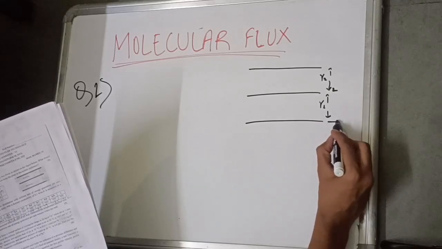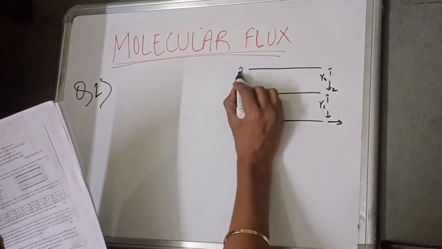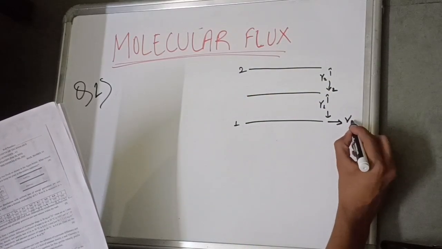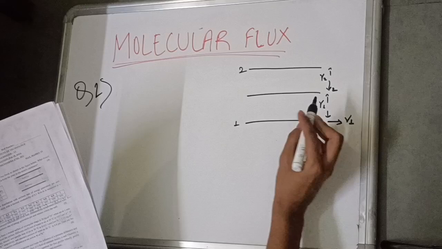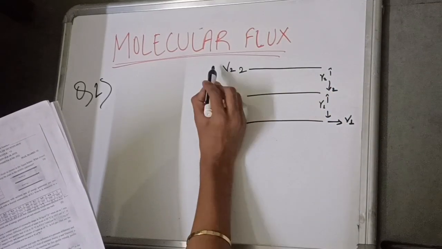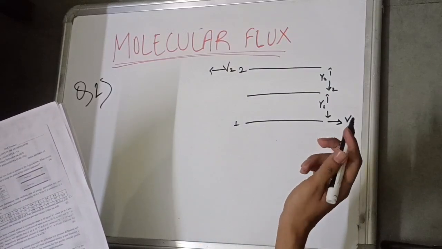and this is plate 1, this is plate 2, and the velocity of the first plate is v1 in the right direction, and the velocity of plate 2, v2, is opposite to the first plate.